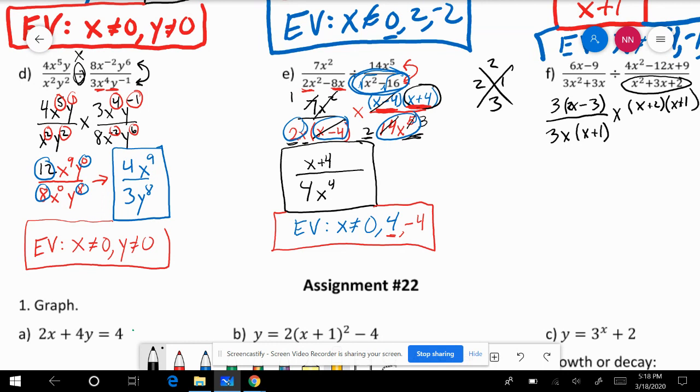This last one that I left for the very end is the most difficult because I have a leading coefficient of 4. So remember, I multiply those two. 4 times 9 gives me 36. So what I have is a 36 on top. I have a negative 12 on the bottom, which would be negative 6 and negative 6.